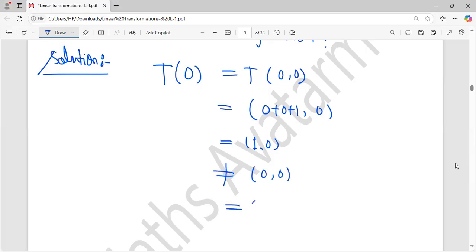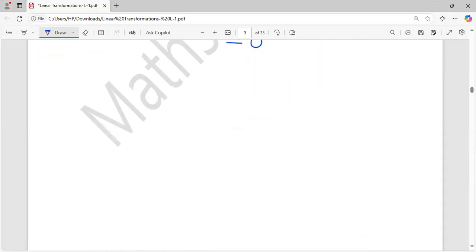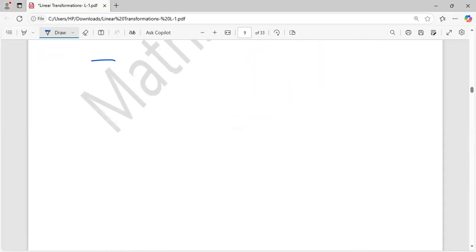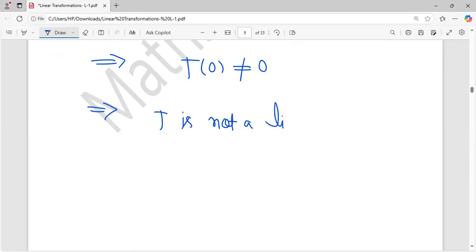It means T(0) is not equal to 0. So this implies T is not a linear transformation, because every linear transformation takes 0 to 0. We have shown it already.